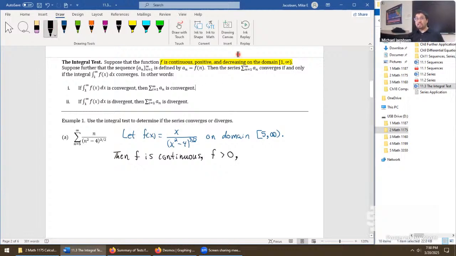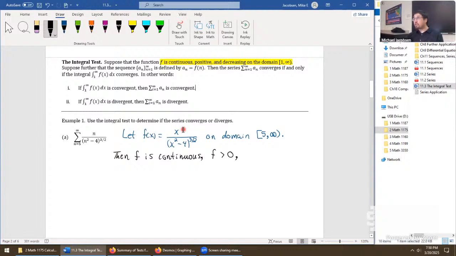Last one is decreasing, and decreasing isn't always easy to check. Sometimes you might be motivated to use the first derivative test for increasing, decreasing. You would take the derivative of this, and you would have to say the derivative is always negative for all values in the domain. That's the official way to go, and it's actually a pretty long problem in its own right. But the same methods we use to take limits also apply here.